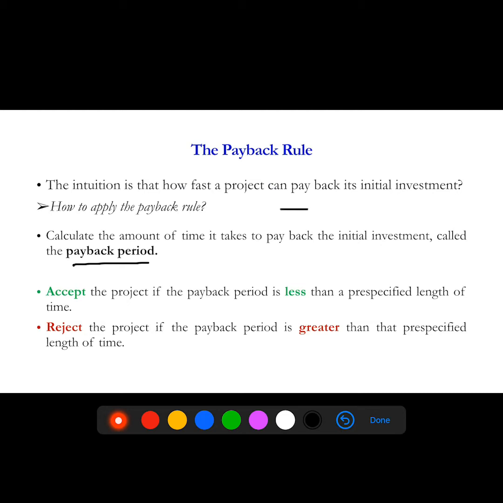So let's say at time zero, we have a $100 million investment, and then at time one and time two, we have, let's say, $30 million, then a $50 million cash flow, and then at time three we have another 20 million in cash flows. Then at time four we also have 60 million in cash flows.